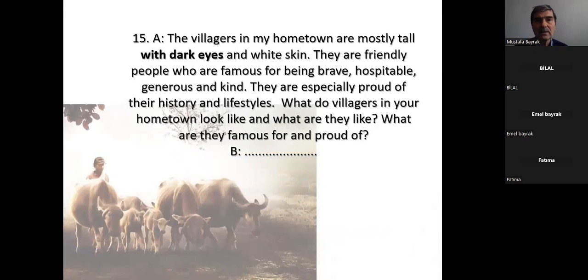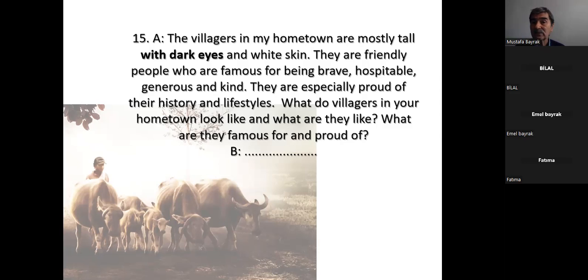Okay. The villagers in my hometown are mostly tall with dark eyes and white skin. They are friendly people who are famous for being brave, hospitable, generous, and kind. They are especially proud of their history and lifestyles. What do villagers in your hometown look like, and what are they like?